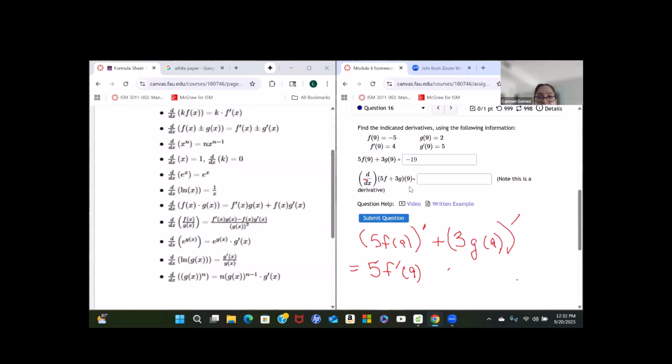We started with this, and I separated it into 2 pieces. Once I separated it into 2 pieces, I used those pieces and did this. Now that it's in that form, you can plug in. Make sense? This is equal to 5 times what?